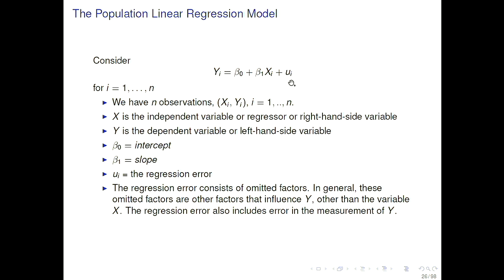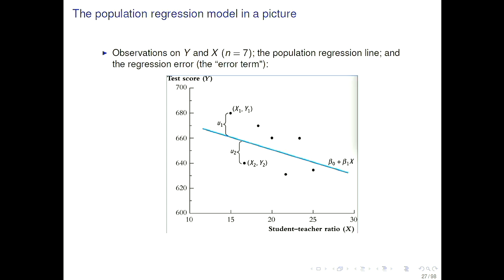Actually, the relationship between error and the regressor that is included in this equation will play a very important role when we try to estimate the parameters consistently. We will discuss that issue later.